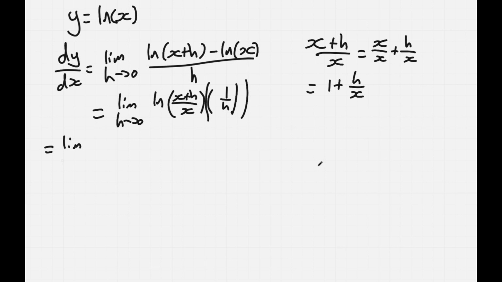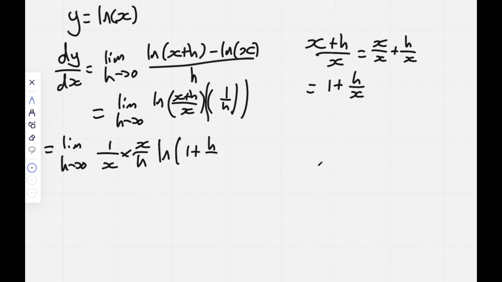We then get the limit as h approaches 0. Now if I bring this 1 over h to the front, like so, what I'm going to do is multiply by x over x. Now x over x is just the same as 1, and if I change the order, so that we have x over x times 1 over h, I can use a bit of multiplication rules and change the order, so it's going to be 1 over x times x over h multiplied by ln of, well, we've got this new form, 1 plus h over x.